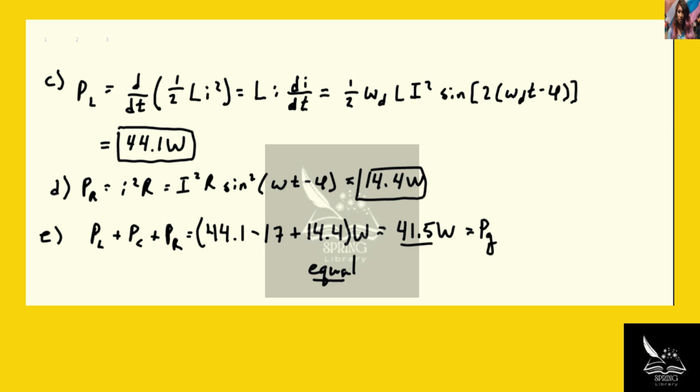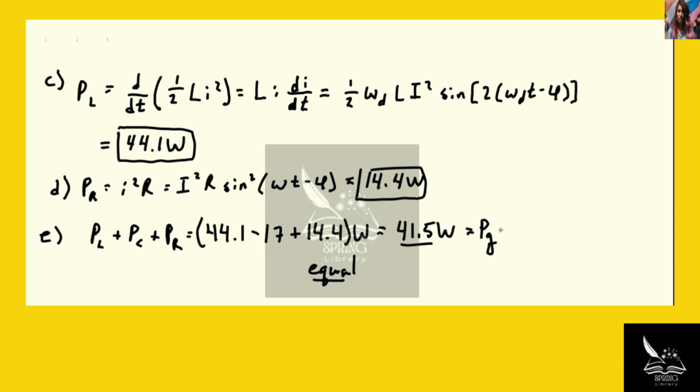And so if energy is leaving a system or an object, such as the generator, that energy has to be going somewhere else. And with the way that we've accounted for everything with this circuit, the same amount of energy has to be going into the resistor, the capacitor, and the inductor.